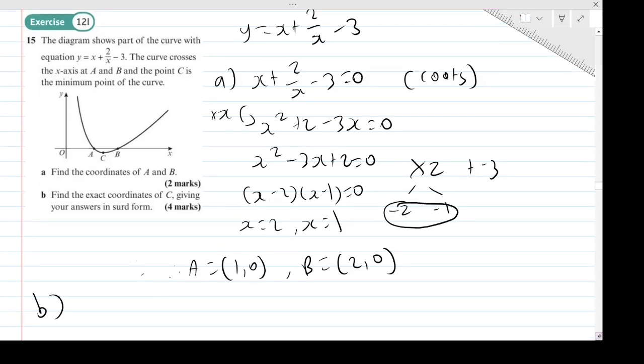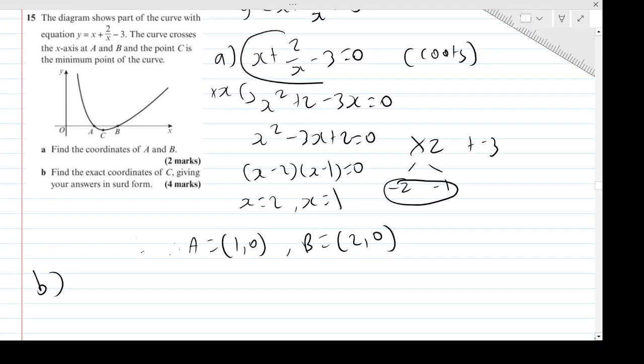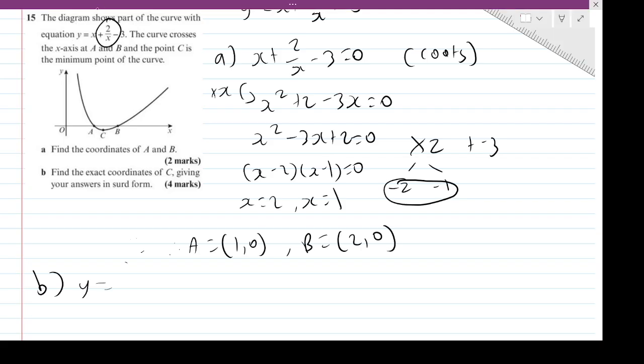So we need to differentiate and set to 0. I need to differentiate my curve here. So y is x add 2 over x minus 3. Now, what's the problem here? It's going to be the fraction that causes me havoc if I try to differentiate. I need to convert this 2 over x as an index.